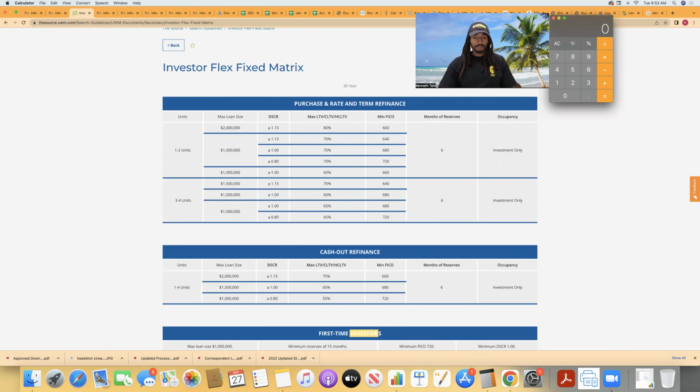I think it's a program that really works well in this market because investors traditionally, obviously, everyone is looking for the best interest rate, of course. But investors are definitely a little bit more cash flow minded than your average consumer.